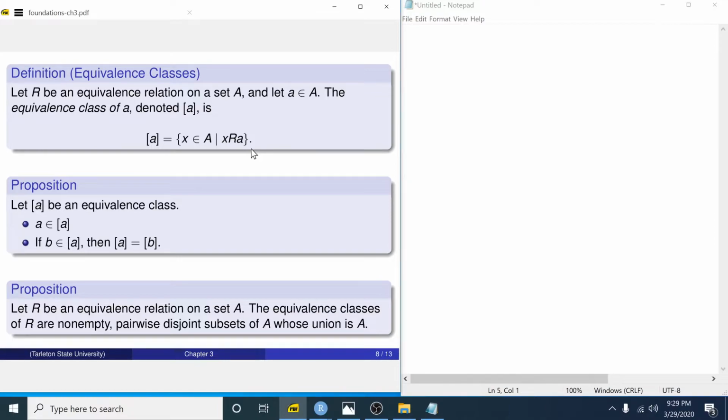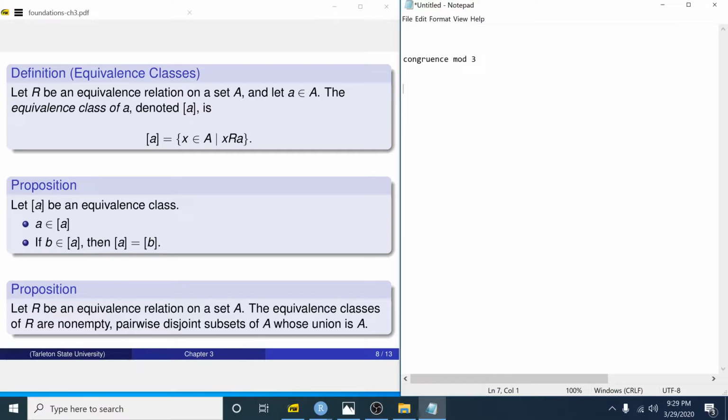To get this motivated, we're going to do a few proofs with this notion of equivalence classes, but first let's look at some examples. Let's say we're looking at congruence mod 3. Two things are congruent mod 3 if and only if you get the same remainder when you mod out by 3.